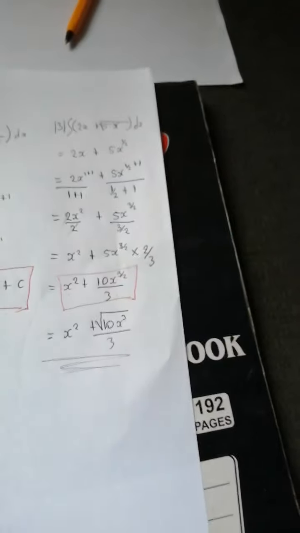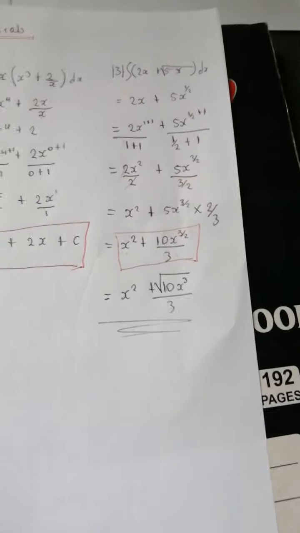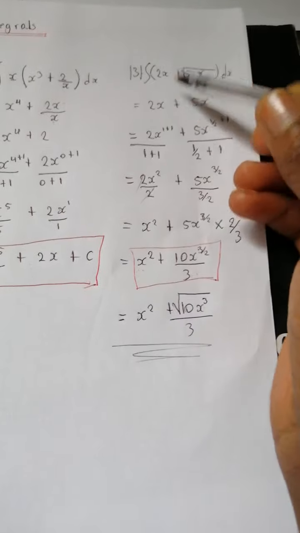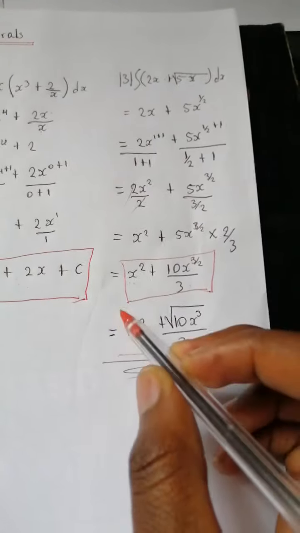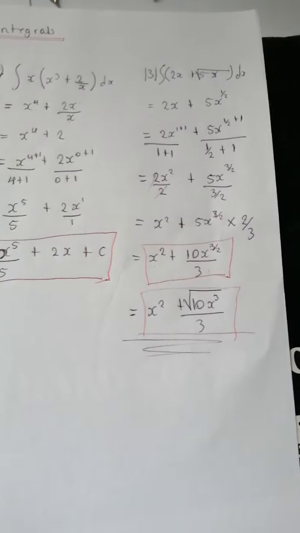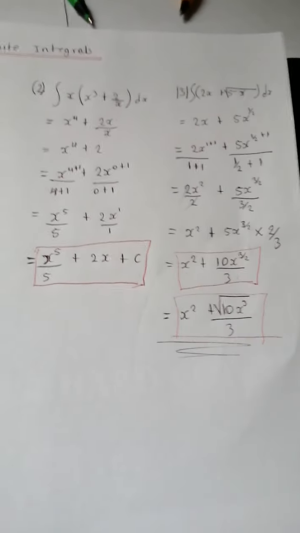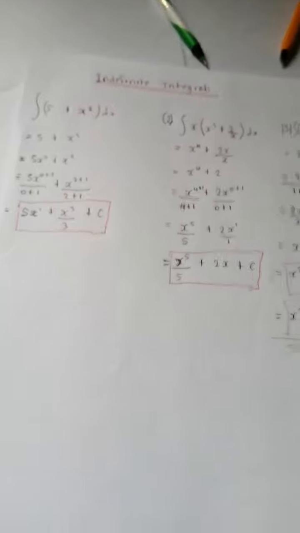That's how you can find the antiderivative of this function, which is right here on top. So this is the answer. You can choose either to write this in this form or that form. It will be okay. That's how you can find the antiderivative of these questions.